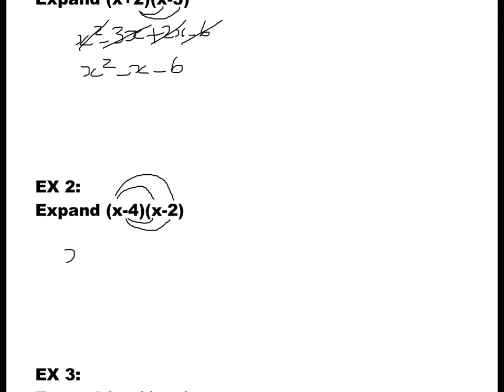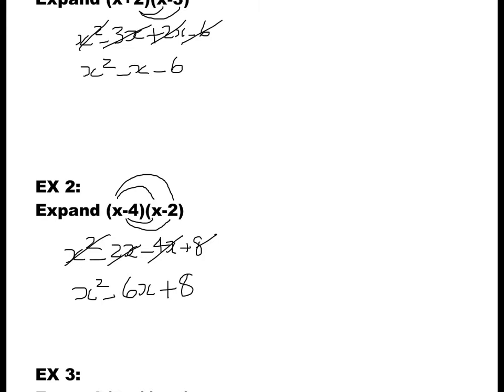I'm going to get x² minus 2x minus 4x, and then minus 4 times minus 2 gives me plus 8. Again, x² is by itself. Negative 2x and negative 4x give me negative 6x and plus 8. So this is the expansion of the second example.